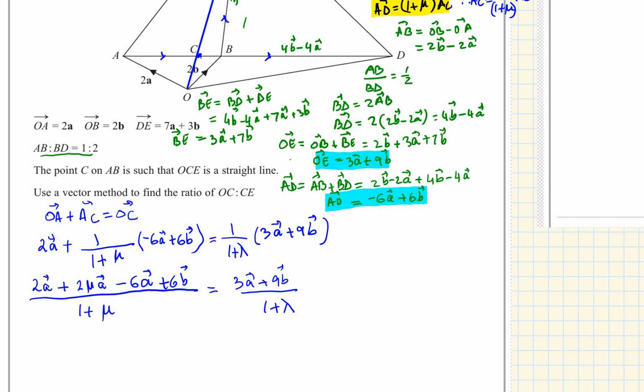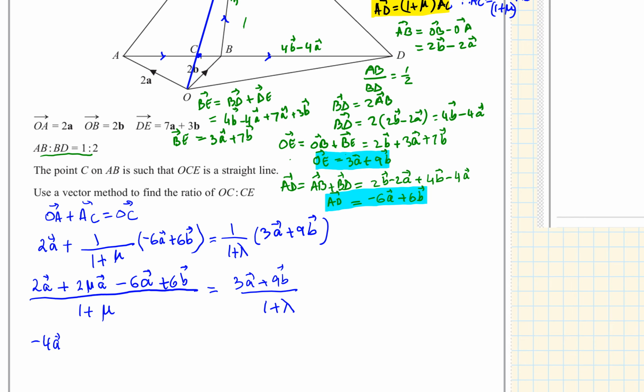I'm going to simplify this. I bring the A's together and the B's together. So 2A minus 6A is minus 4A. Hope I get it correct.